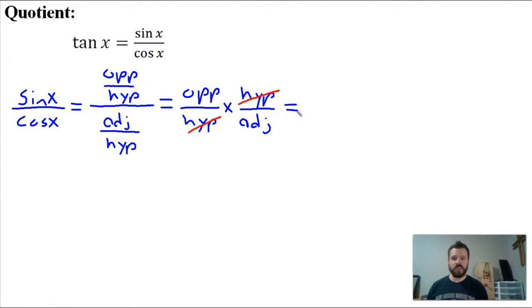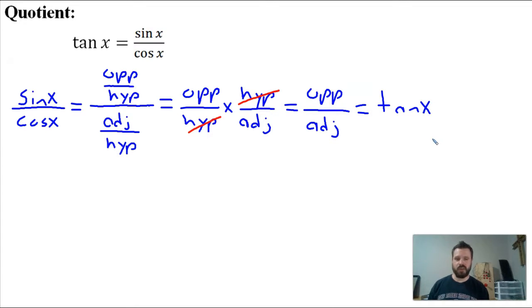What I'm left with then, if I multiply across the top, multiply across the bottom, is opposite over adjacent, which by definition is the tangent of our angle x. So that's why tangent x equals sine over cosine.